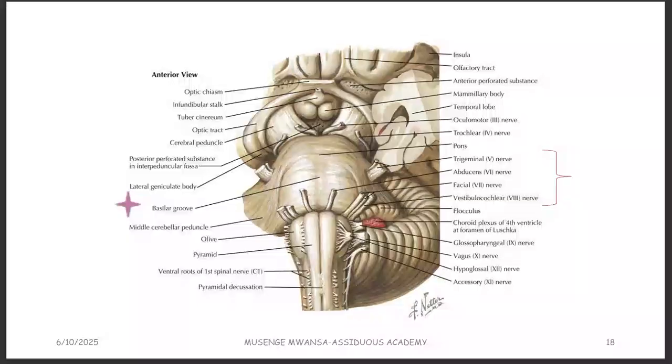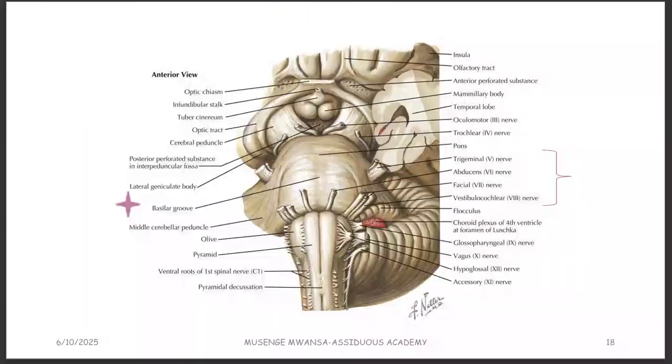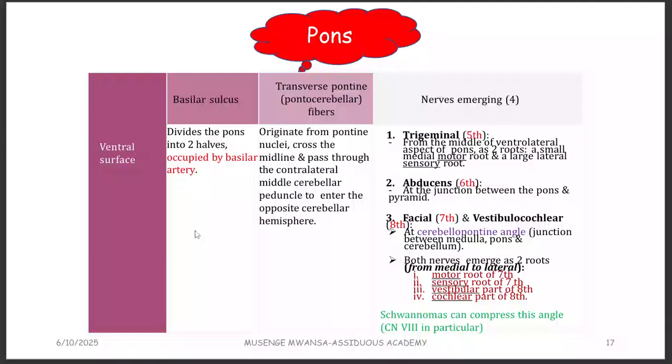So we're going to the opposite side. Okay, so those are the transverse pontine fibers. These are the fibers that you can see running like this. They come from the pons on one side and then go to the other side via the cerebellar peduncle.